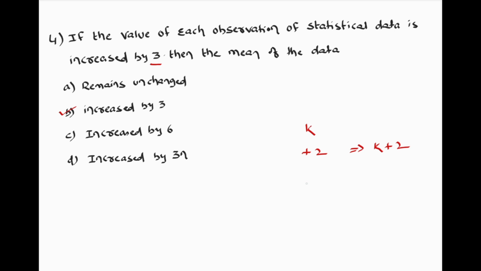If every observation decreased by 2, therefore new mean will be k minus 2. If every observation is divided by 2, therefore new mean will be k by 2. If every observation multiplied with 2, therefore mean will be 2 into k. Okay, it is a simple concept.